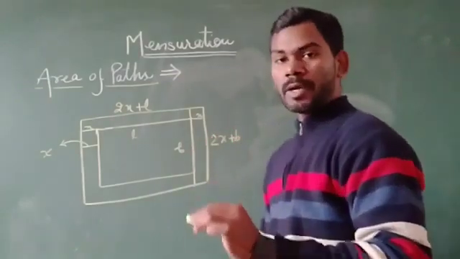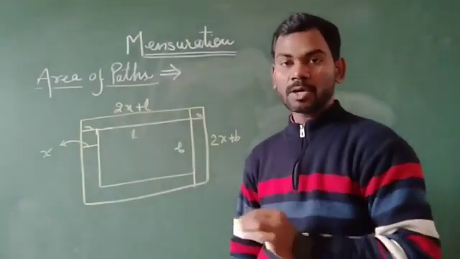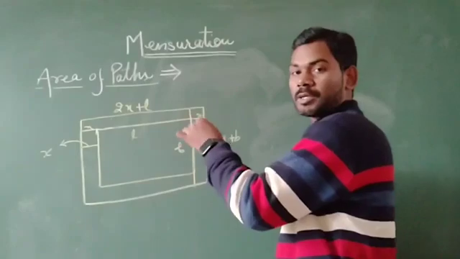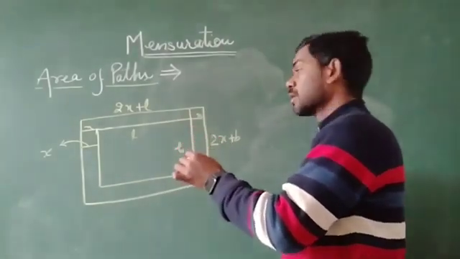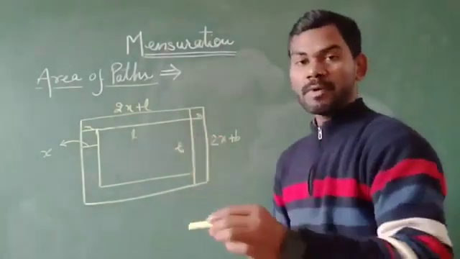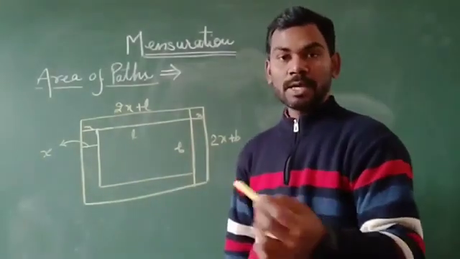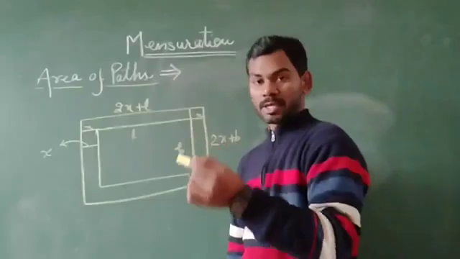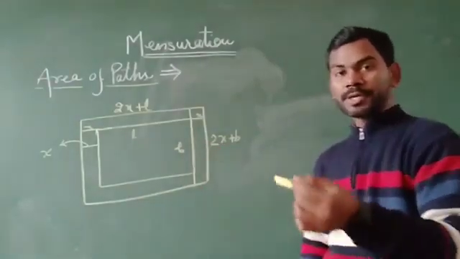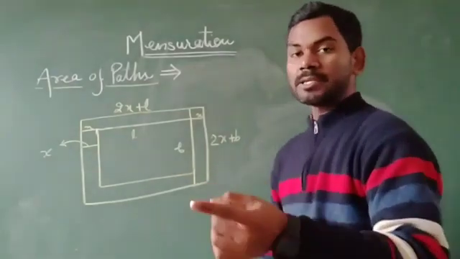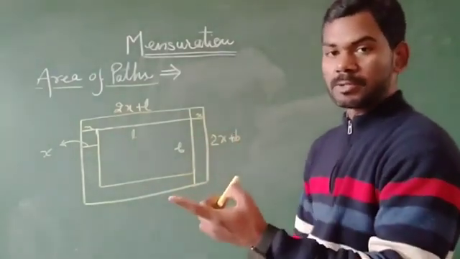So in order to find out the area of the path of a rectangle in which the path surrounds it, we first find out the area of the rectangle including path and then the area of the initial rectangle. The difference of both areas will be the area of path.